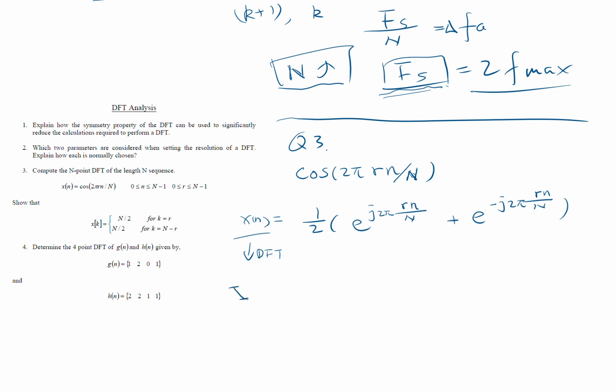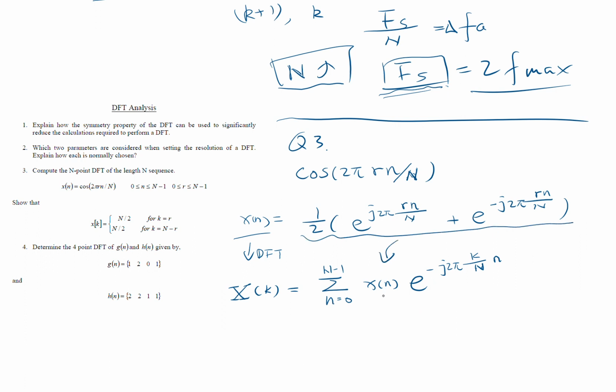The N-point DFT, so we get a capital X[k]. That is the sum of n equal to 0 up to N minus 1, and we put this x[n] here, times e to the negative j 2 pi k n over capital N. Because we have this expression for x[n], we can put that into it.